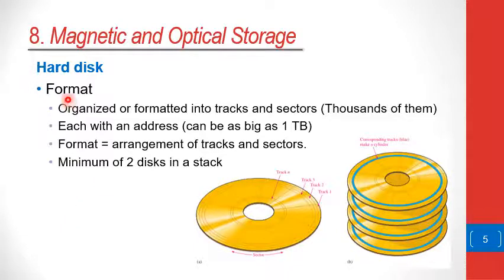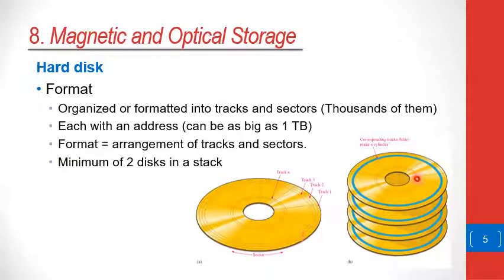So the hard disk is organized in terms of tracks and sectors, as you can see in this picture. There will be multiple tracks on the hard disks, and each track will cross within a particular sector. And this arrangement is called a format. So depending on how your hard disk is formatted, it will change the way it has formatted the tracks and the sectors.